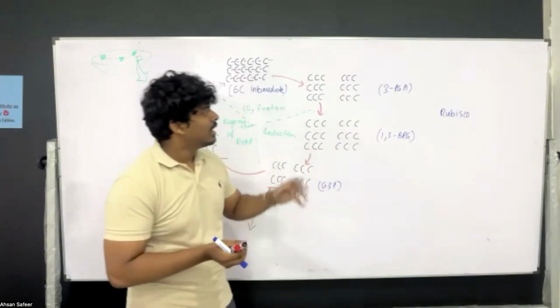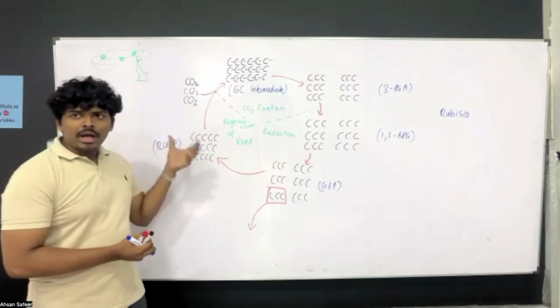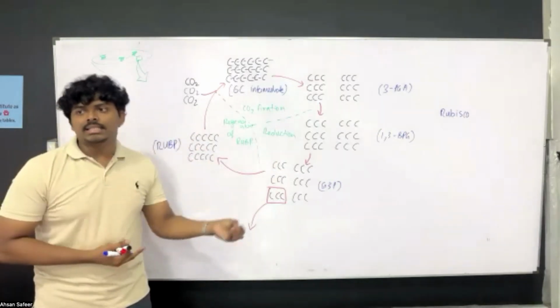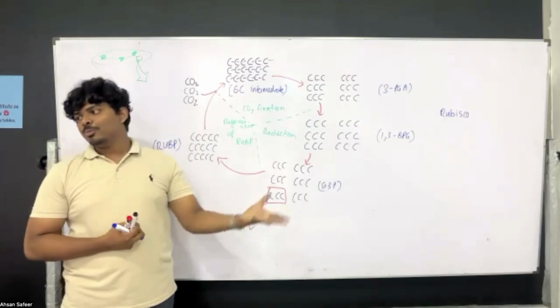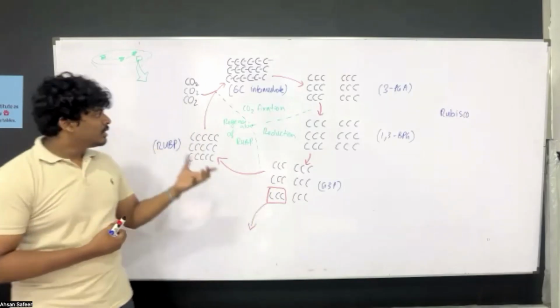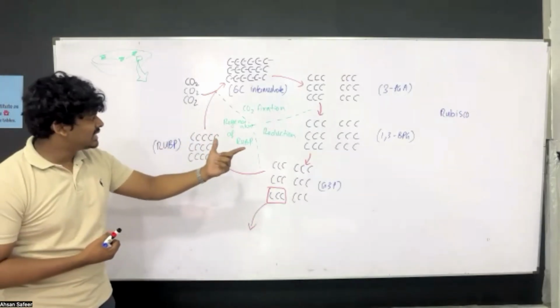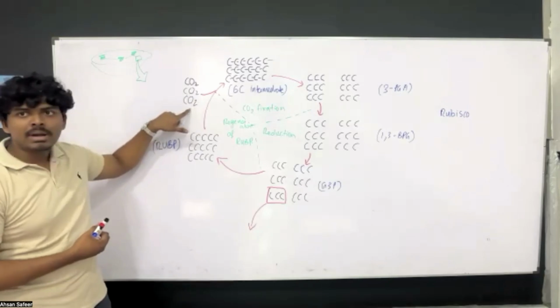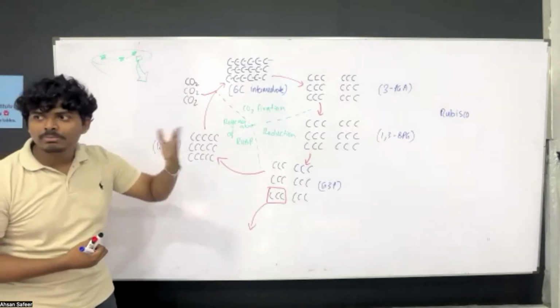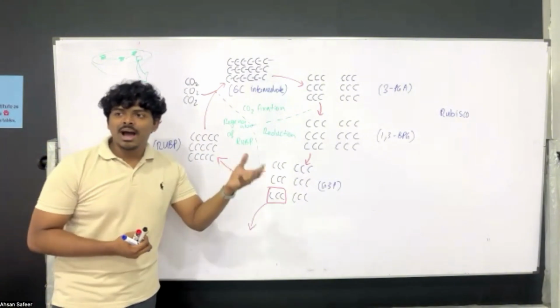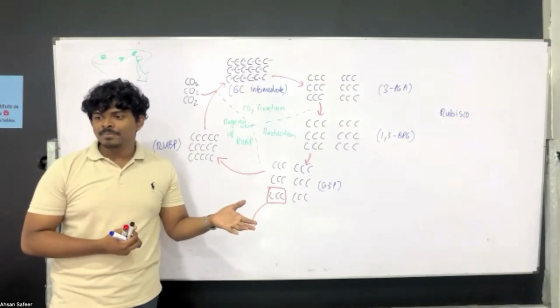Okay, right. So RUBP carboxylase, that means adding a carbon to RUBP. Remember it like that. Here you are adding the carbon dioxide to RUBP. Therefore, RUBP carboxylase. So then what does RUBP oxygenase mean?